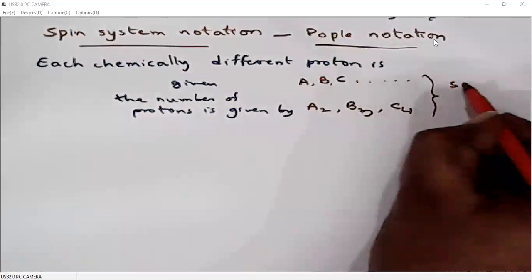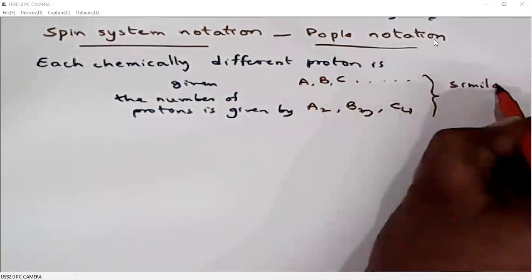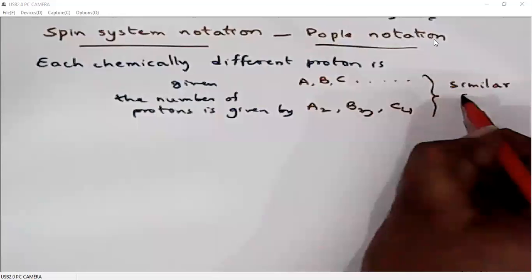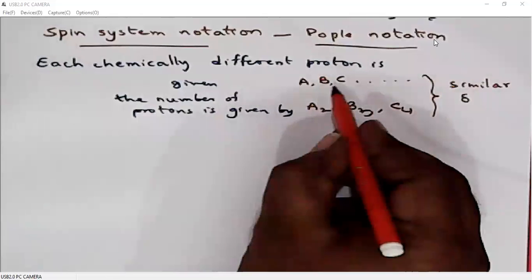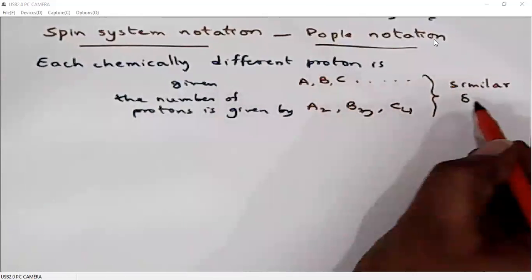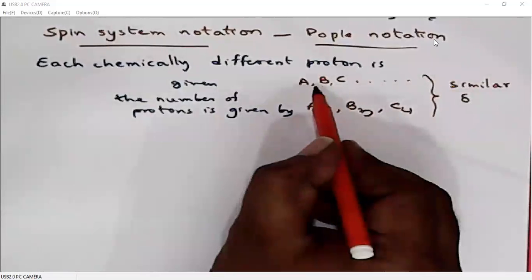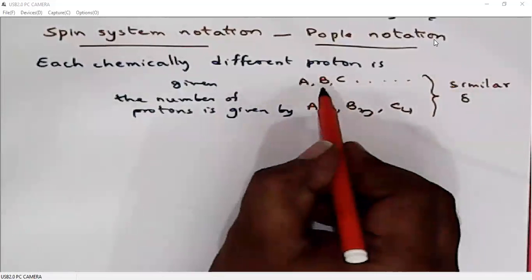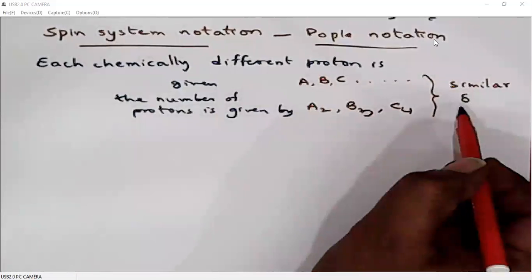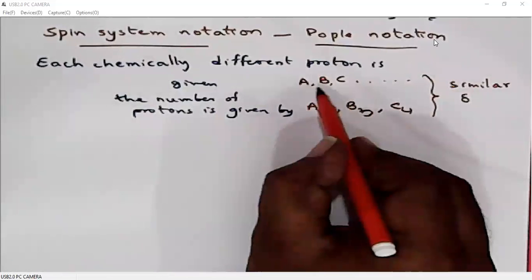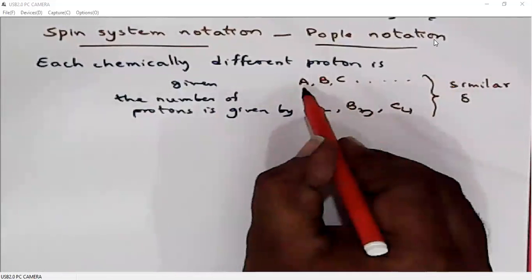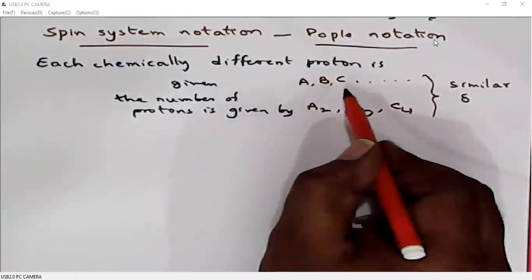So we give ABC labeling when these protons have similar delta, or in other words their delta differences between the signals are very small. Each proton is labeled as A type, B type and C type.